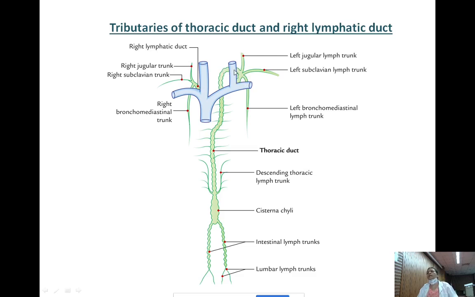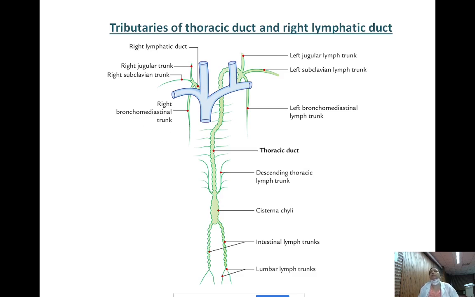It crosses at the root of the neck, and it receives the left jugular lymph trunk, left subclavian lymph trunk, and left bronchomediastinal lymph trunk. On the right side, there is one small lymphatic duct, known as the right lymphatic duct. It also receives the right jugular trunk, right subclavian trunk, and the right bronchomediastinal trunk. So these are the tributaries of the thoracic duct.